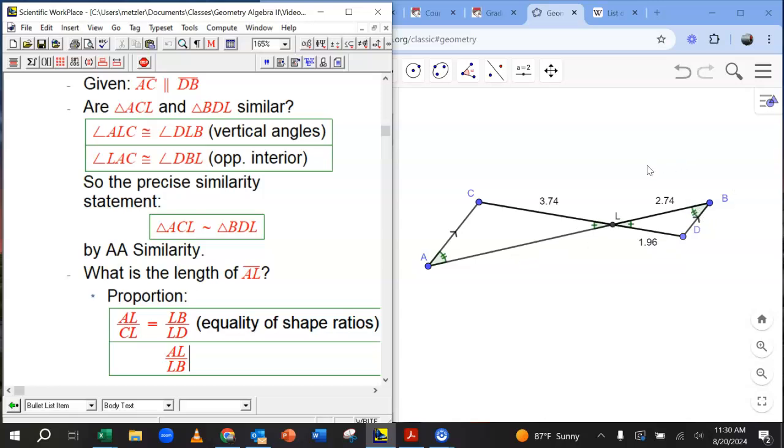That's the scale factor that turns the right-hand triangle into the left-hand triangle. That should be the same as the scale factor that turns LD, and again, that's opposite the double marked angle, into CL. That's the corresponding side of the big one. And so that's going to be CL over LD.